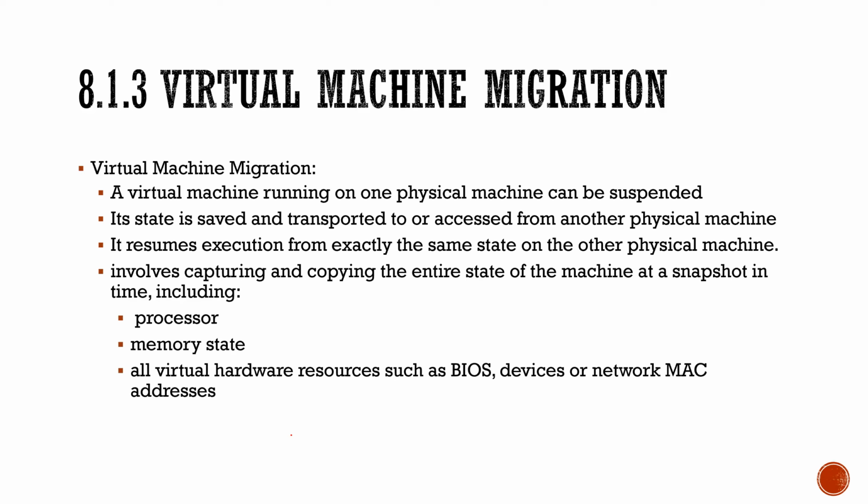So if there's a hardware failure, for example, you take the virtual machine off the machine that failed and load it onto the machine that's running, transparent to the user, no harm done. It basically involves capturing and copying the entire state of the machine at any given time, including the processor, the memory, all hardware resources, BIOS, network MAC addresses, and things like that.